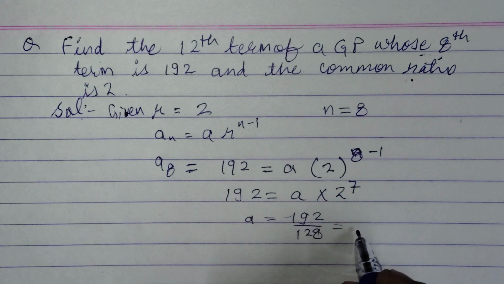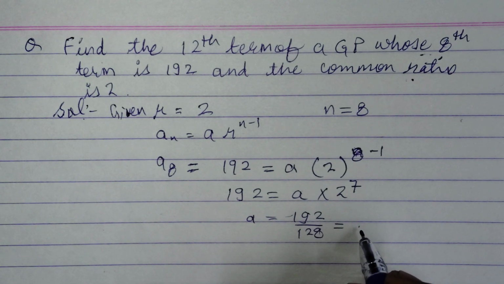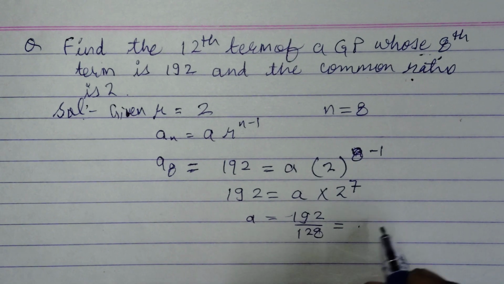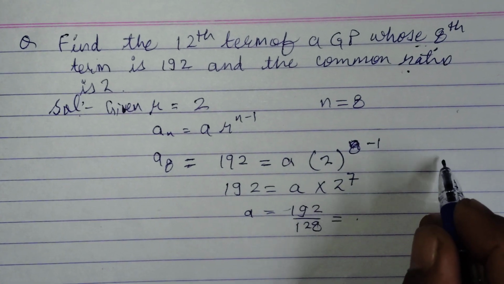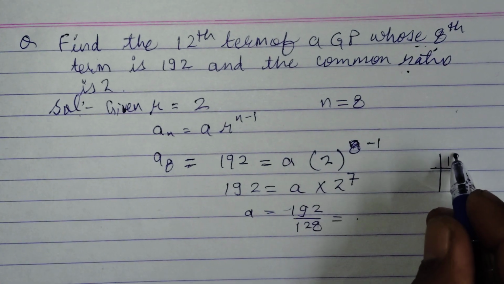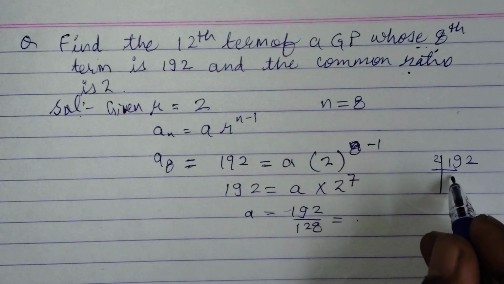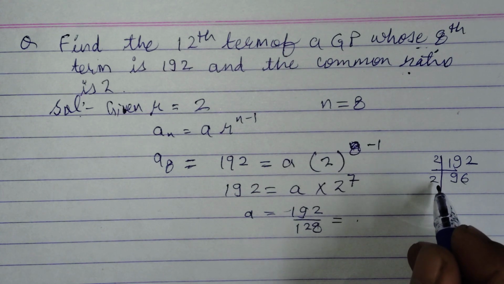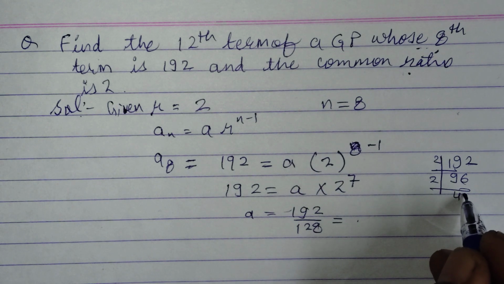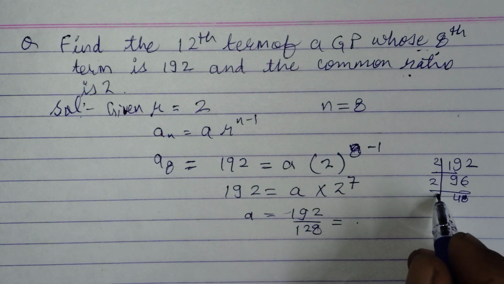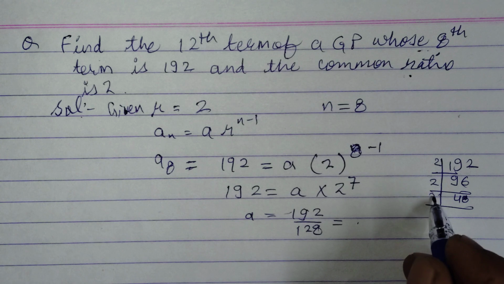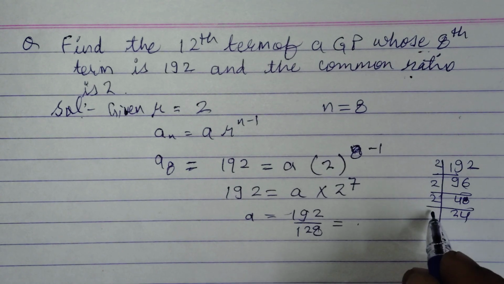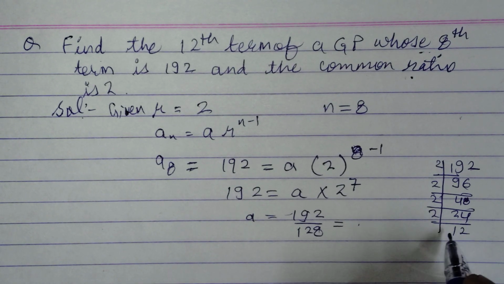Further simplifying, we find the factors of 192 so that we can cancel out. Divide by 2, we get 96. Divide by 2, 48. Again divide by 2, 24. Divide by 2, 12.